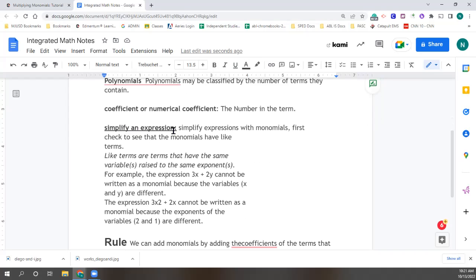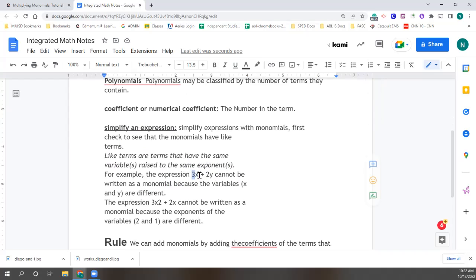To simplify an expression, you need to combine like terms. Like terms are terms that have the same variable raised to the same exponents. For example, 3x plus 2y cannot be written as a monomial, a single term, because the variables x and y are different.